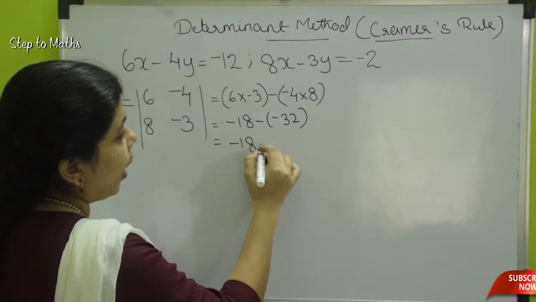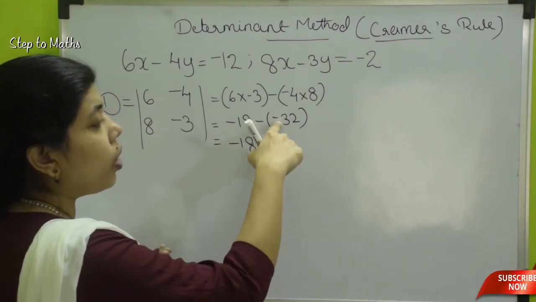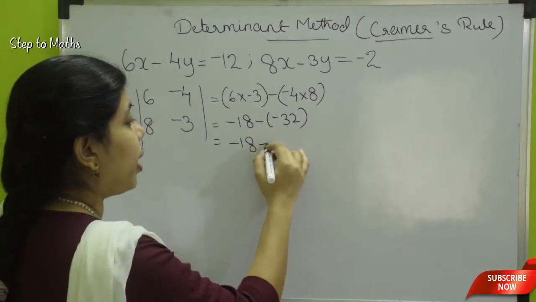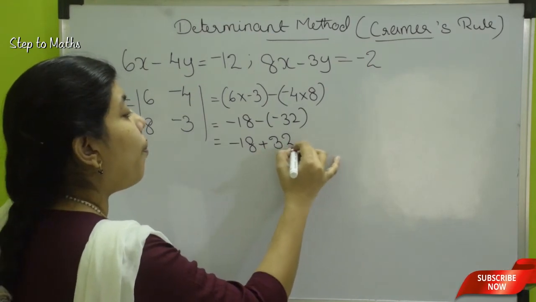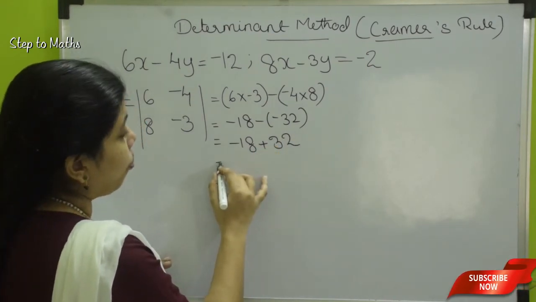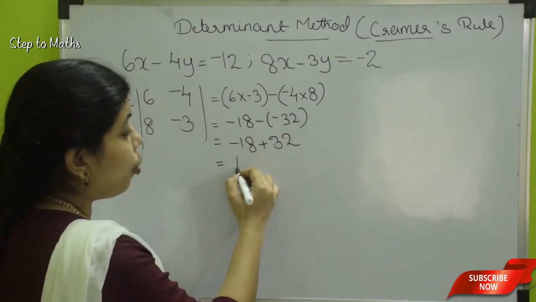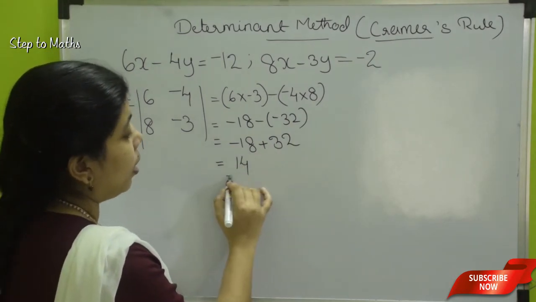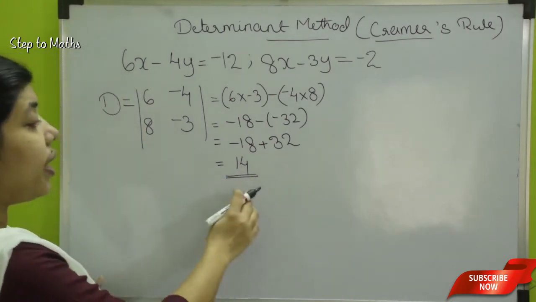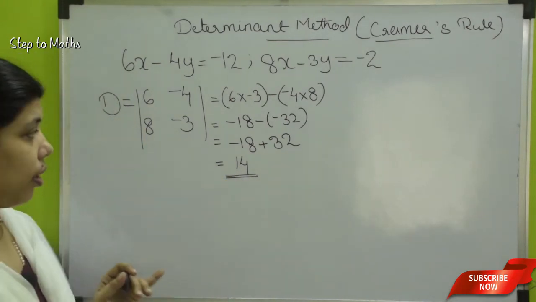That is equal to -18 minus of -32, which becomes plus 32. -18 plus 32 is equal to 14. So the value of d is plus 14.